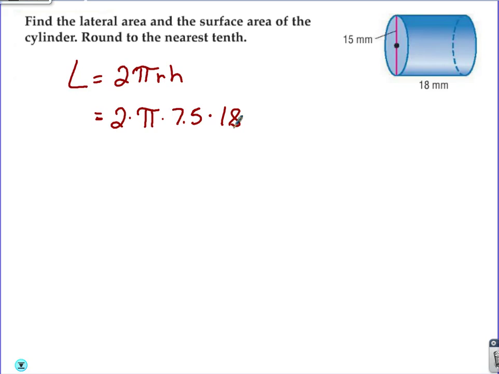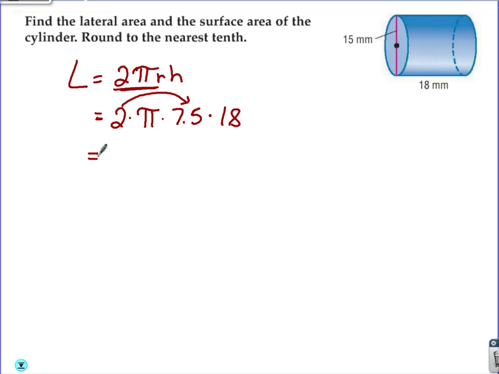So here we go. Multiply these in any order you want. I'm going to do 2 times 7.5 first, because instead of 2 times pi times radius, you could have done pi times diameter times h. But 2 times 7.5 is 15. 15 times 18.